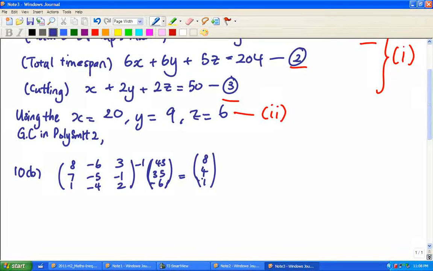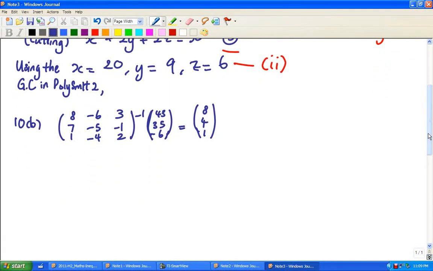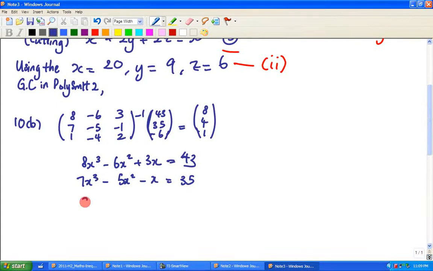They ask you to explain why there is no value of x that satisfies the following set of equations: 8x cubed minus 6x squared plus 3x equals 43, 7x cubed minus 5x squared minus x equals 35, and lastly x cubed minus 4x squared plus 2x equals negative 6.